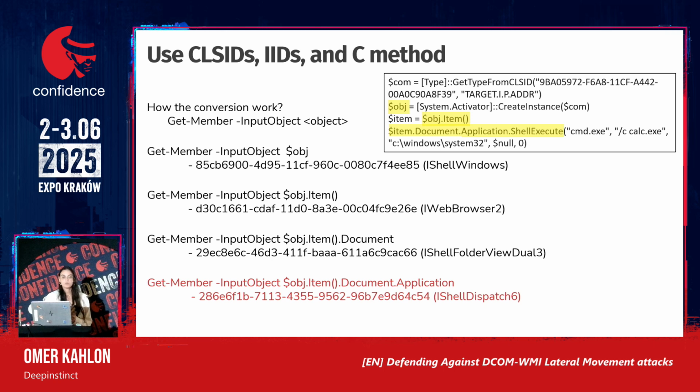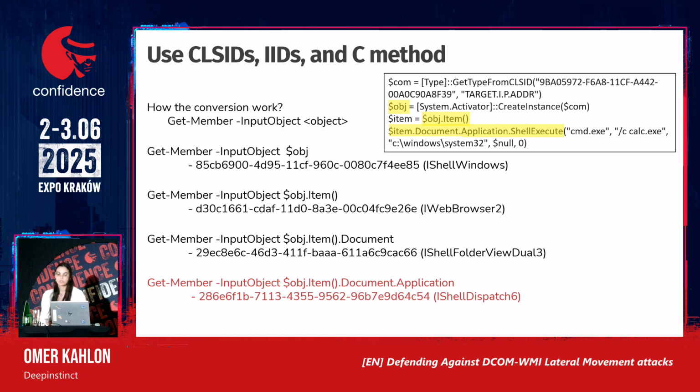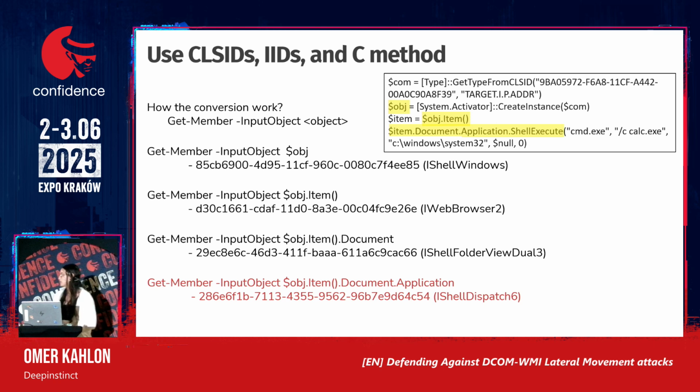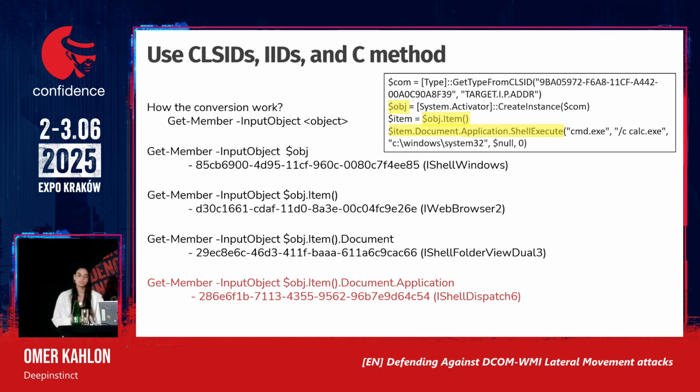So even though ShellExecute is called from IShellDispatch6, it was originally defined on IShellDispatch2, and all later interfaces like IShellDispatch6 inherit it. So the next hook I placed is inside IShellDispatch2 and not IShellDispatch6.